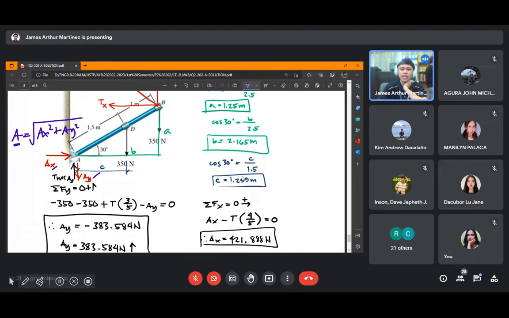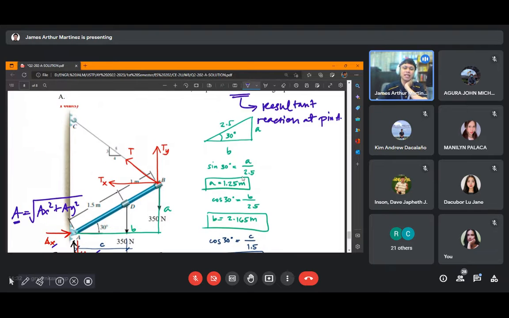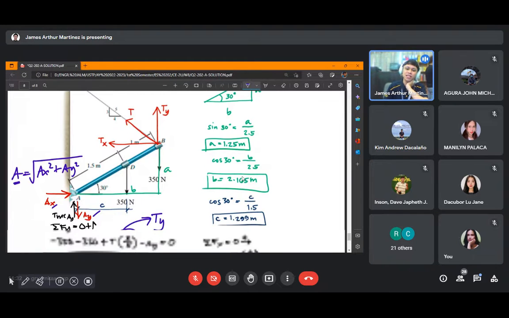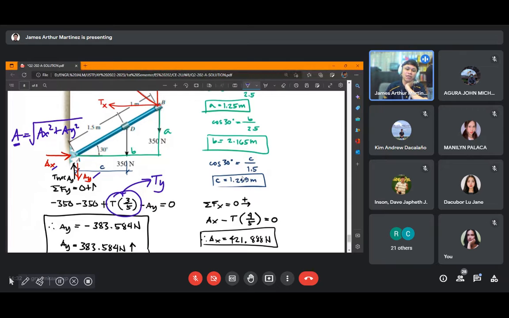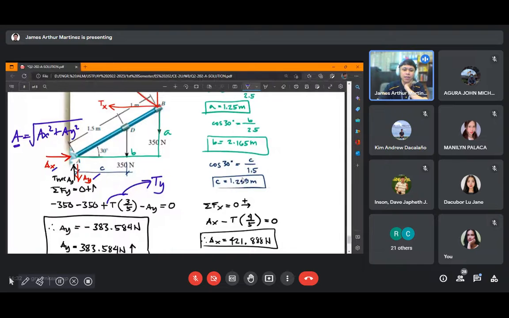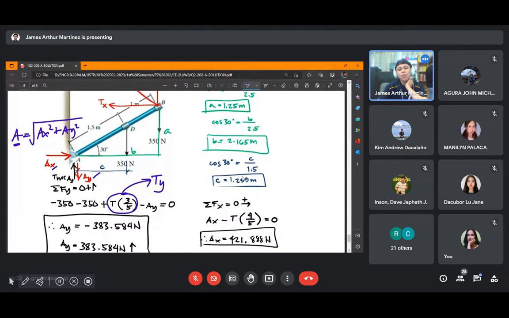Our two 350 newtons are downward, so negative 350, minus 350, plus Ty, the y component of this inclined T. Ty is just equal to T times 3 over 5, minus Ay. We just write it out to make the operation clearer. Minus Ay, since Ay is in the downward direction. Equal to 0, since there is no other force acting along the y-axis.